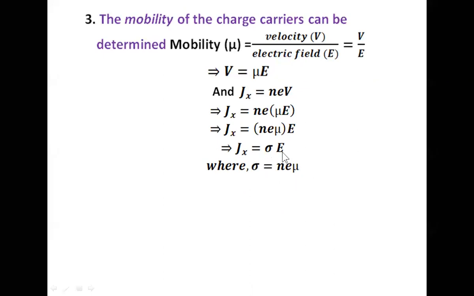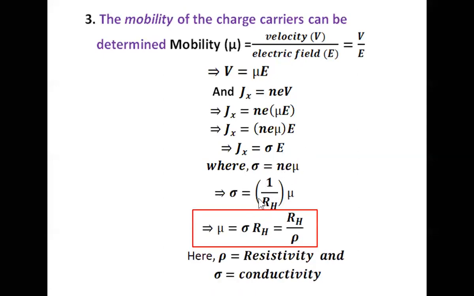What do you mean by Ne actually? Ne is nothing but 1 by Rh. We already know the relation between the Hall coefficient and Ne: Rh is equal to 1 by Ne, that means Ne is equal to 1 by Rh.